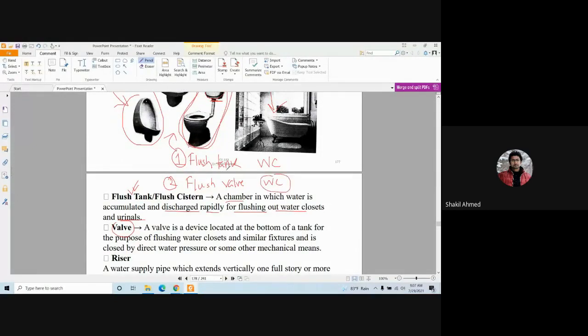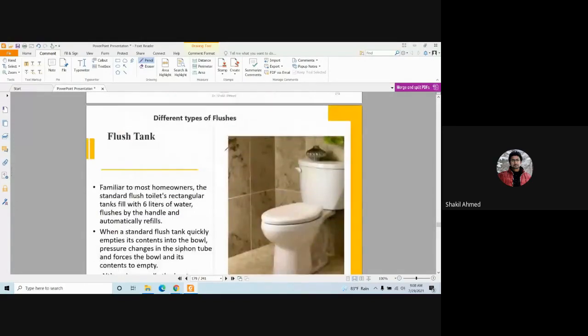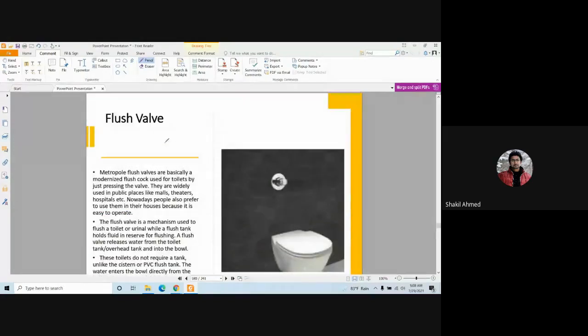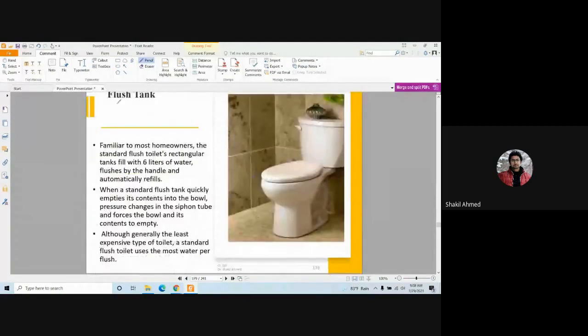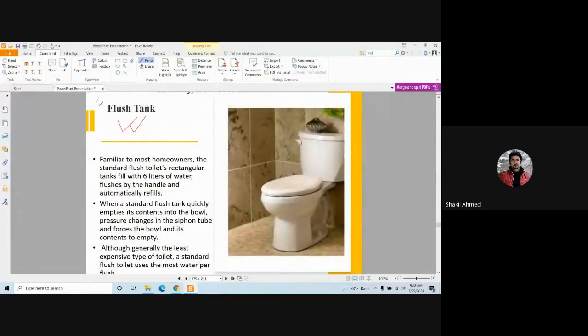In these types of water closet, number one is flush tank. As you can see, you have a tank, and whenever you need, you have a valve here.